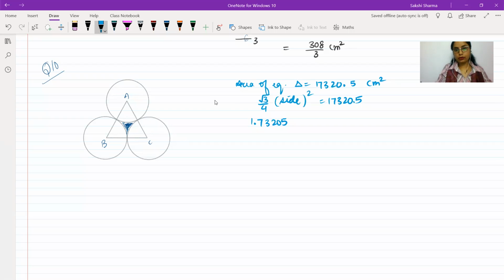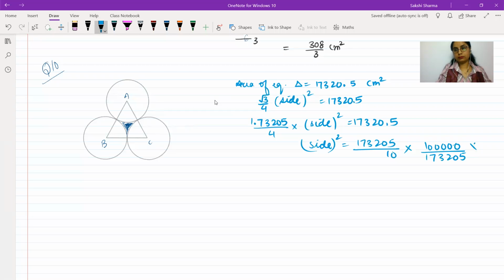So using the value for √3, I've transposed the values to the right-hand side, converting decimal numbers to fractions. Simplifying, side is equal to square root of 40,000. So side comes out to be 200 centimeters.